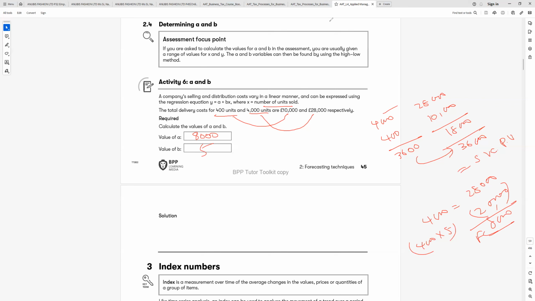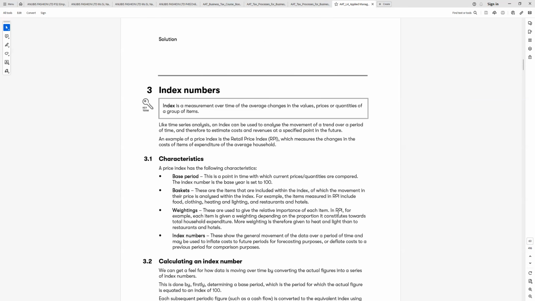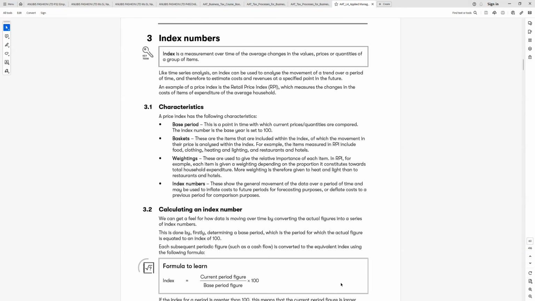All right, the next one we have here is the index number. And as we said, the index is basically the measurement over time of the average changes in the value, price, and quantity of a group of items. Now the characteristics of the index: we have a base period, and we have a compared period, so we need to know which period we are comparing against which period. The basket: inside the basket, what we have is, for example, the RPI, retail price index. We can have all the products to find an average.